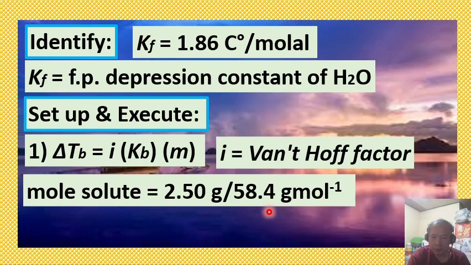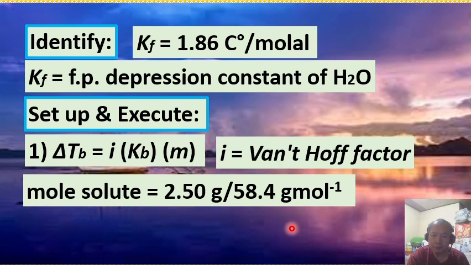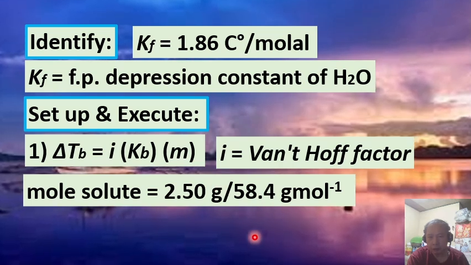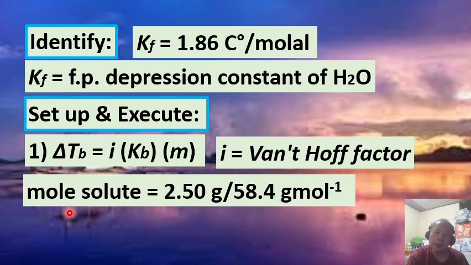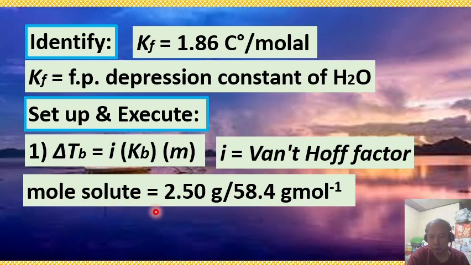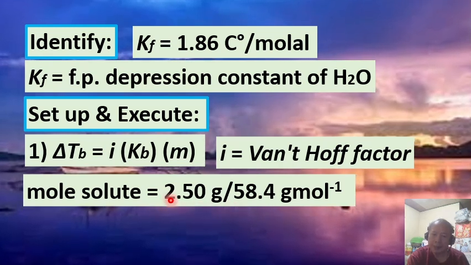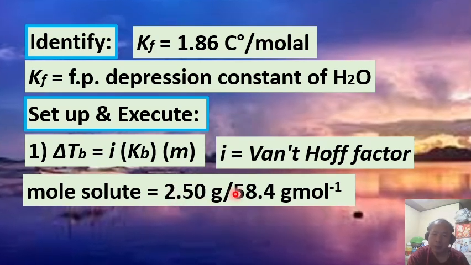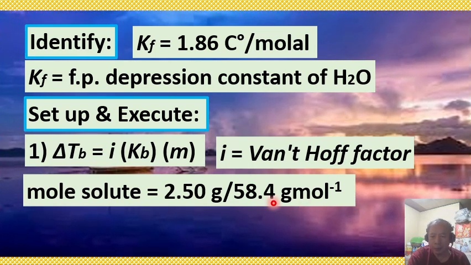So we have to determine the molality of the sodium chloride solution by first finding the amount of moles of the solute, which is simply dividing the given mass of the solute, that is 2.50 grams, by the molar mass of the solute.